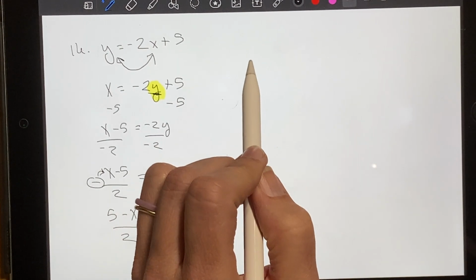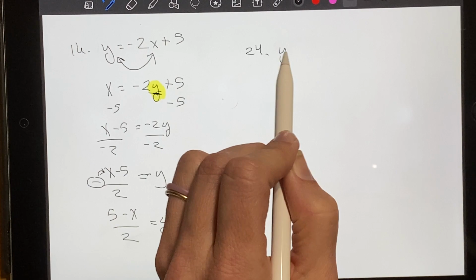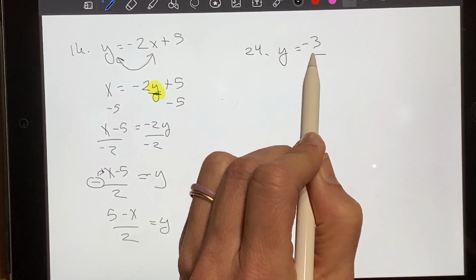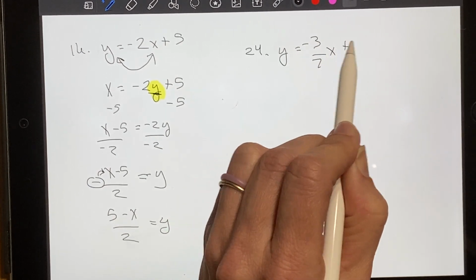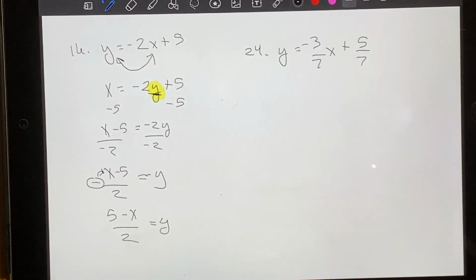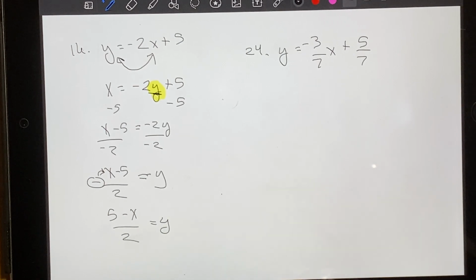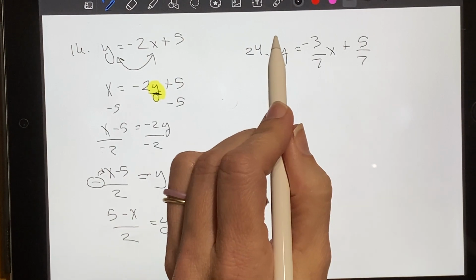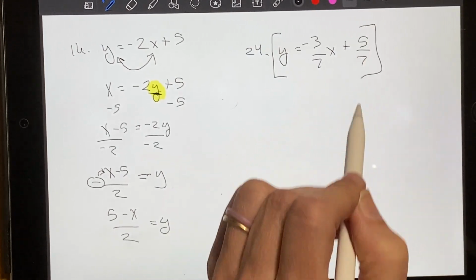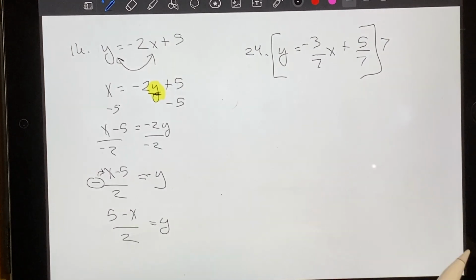So let's look at 24. 24 has y equals negative 3/7 x plus 5/7. Now, the problem that I have with this one is that I'm dealing with fractions. I don't really like to deal with fractions. So I'm going to clear that denominator first by multiplying the entire equation by a 7.